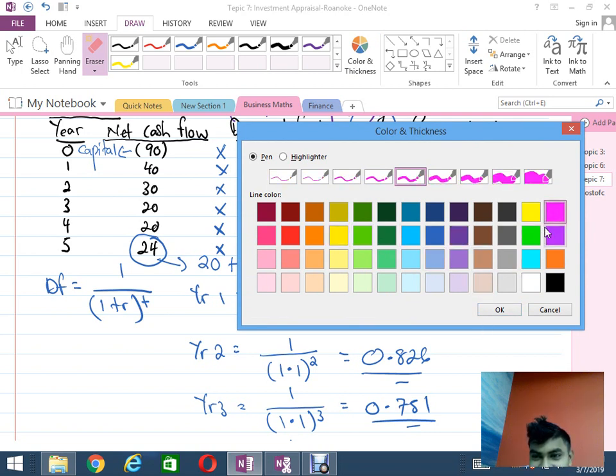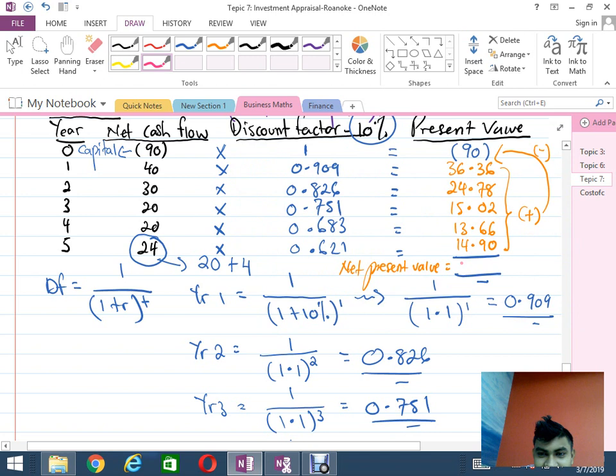This one? Purple. Then pink is what? Which one? This one? Yeah. Oh. 14.72. So you like pink?